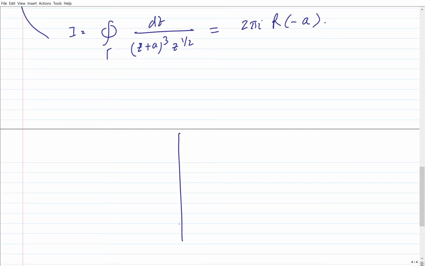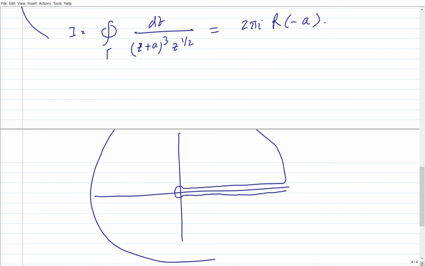So I am going to first define the contour to be going arbitrarily close to the x-axis, looping around, and this huge circle, and over here I'll define my branch cut.